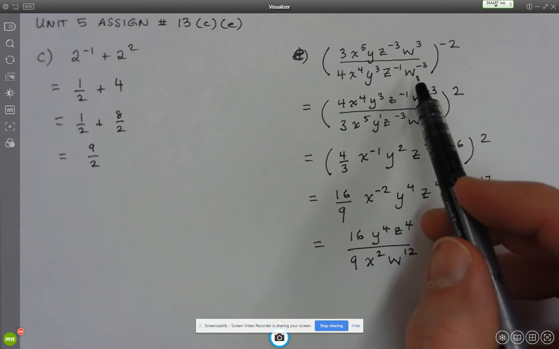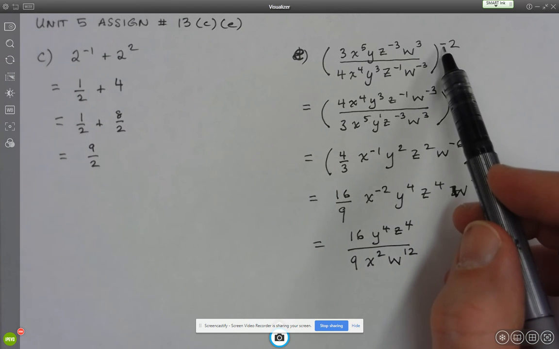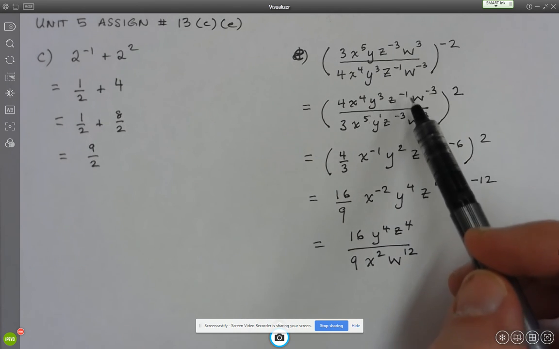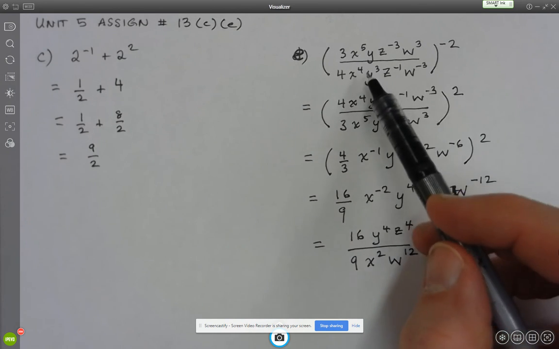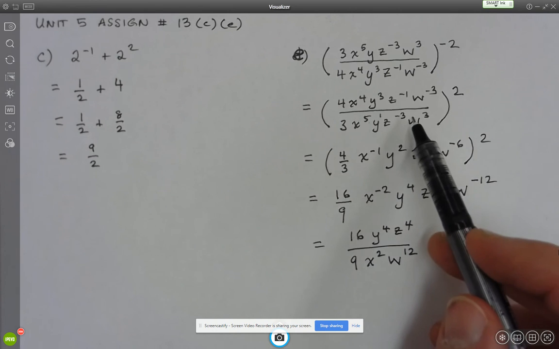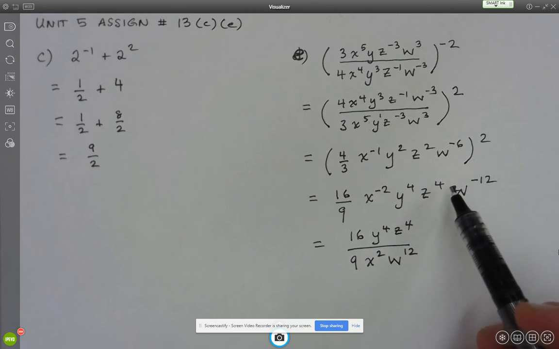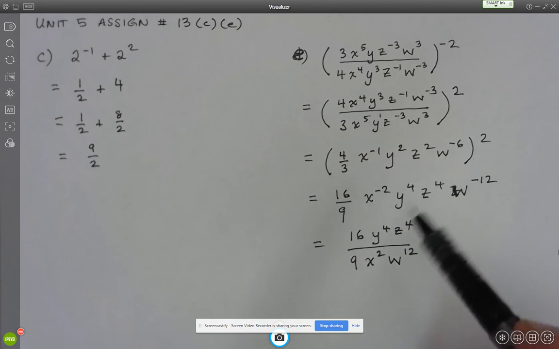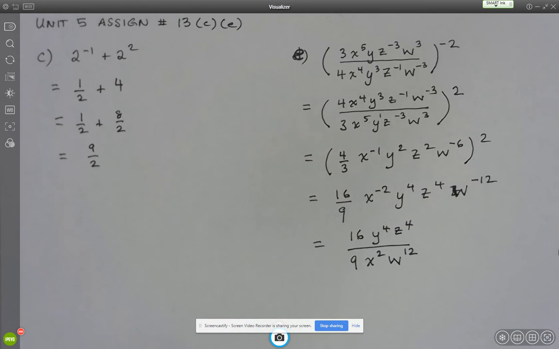In this one here, there are many ways to proceed, but my suggestion is to first apply the negative exponent to take the reciprocal of the base, which is this whole thing in the bracket, and then from there simplify, apply the exponent on the outside of the bracket, and then make sure you rewrite your answer with all the exponents being positive. Okay, that's it for these.